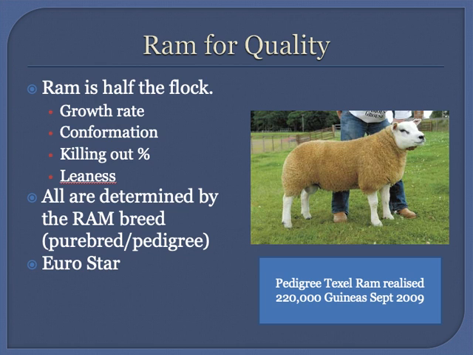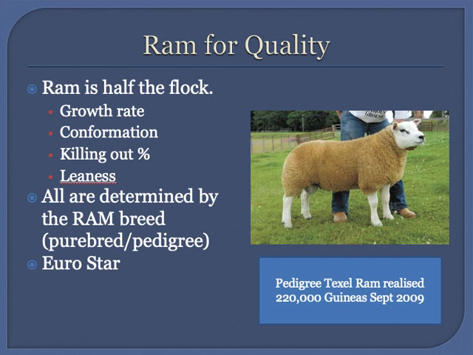So I talked earlier about the ram being of quality. Because that ram is bringing 50% of the business to all of the ewes that he is serving, he's half the flock essentially. So you need to make sure that you get a very high quality ram. You're looking for the growth rate, you're looking for conformation, killing out percentage, leanness, all of those things that we mentioned with the Suffolk and the Texels.